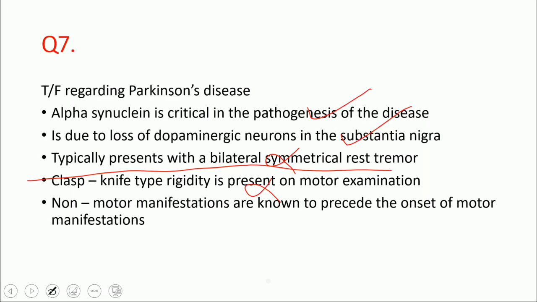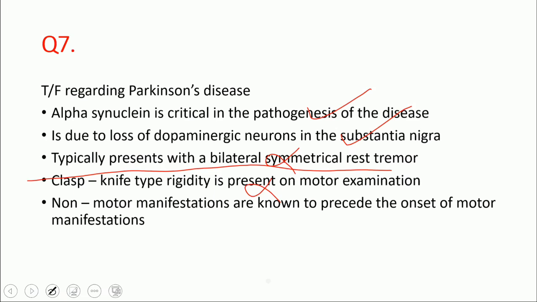Lots of things, maybe taste, maybe smell. And actually there is research to show that these non-motor manifestations actually precede the motor manifestations.